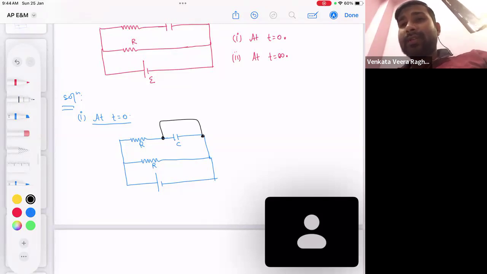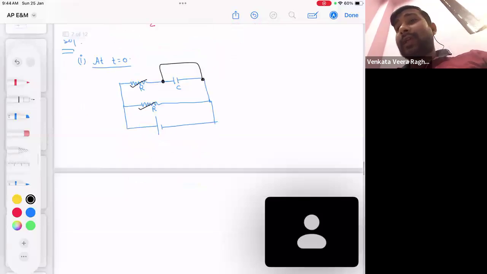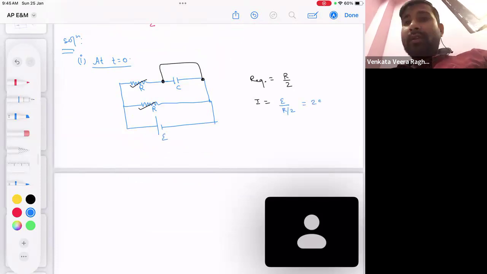If this is short circuited, how are this R and this R connected now? They are connected in parallel. So what is R equivalent? R and R in parallel, so R by 2. What is the total current in the circuit? E divided by R by 2, that means 2E by R.